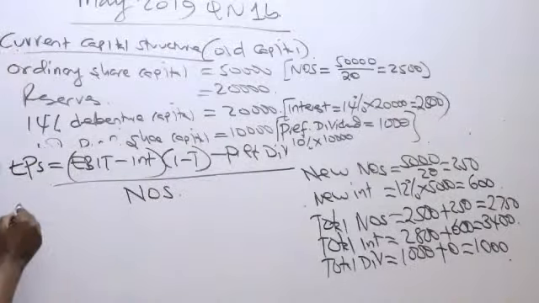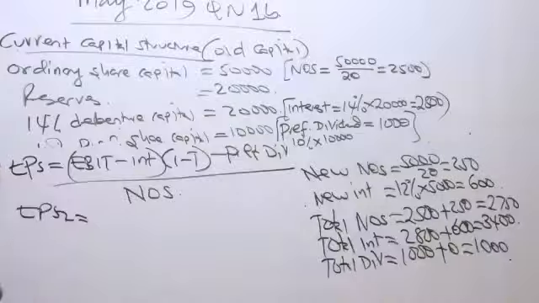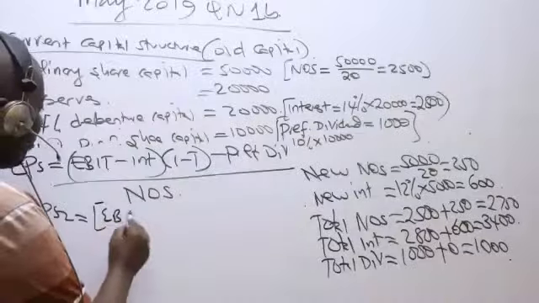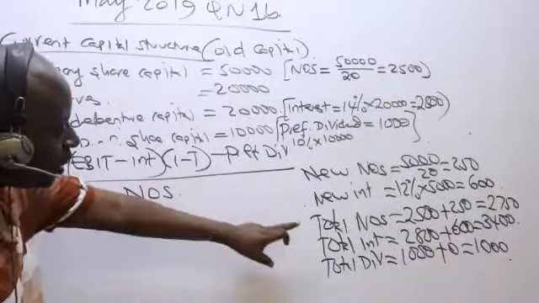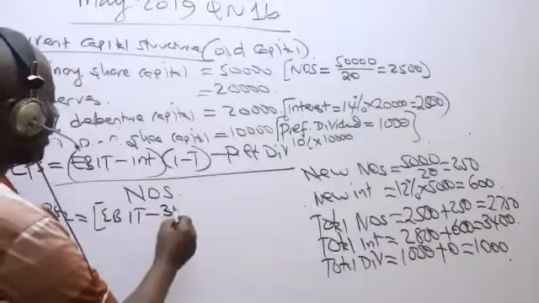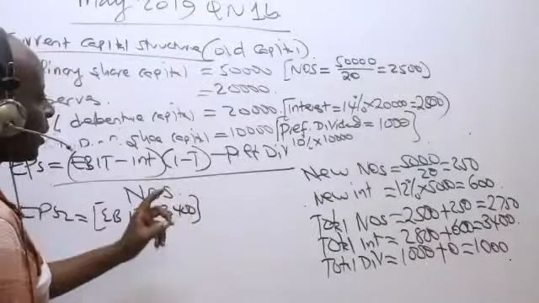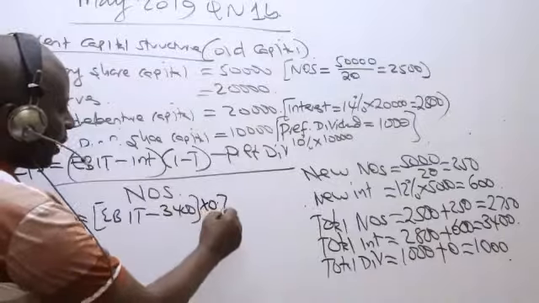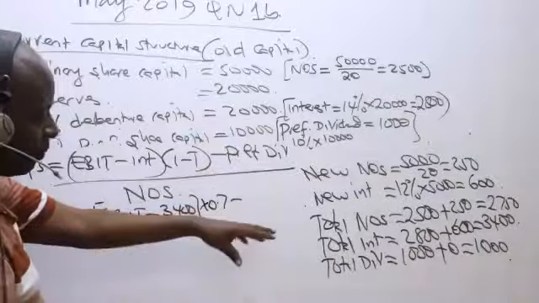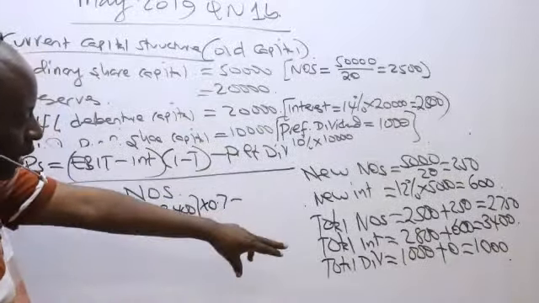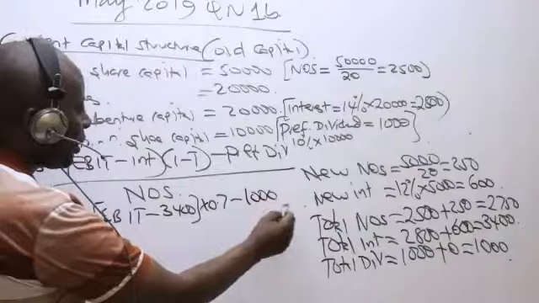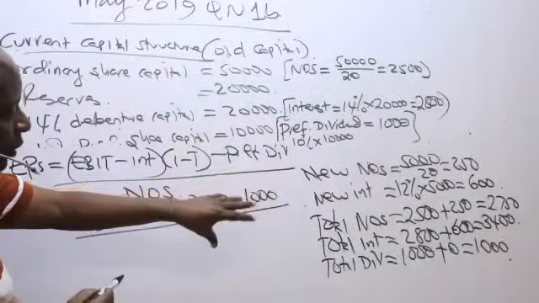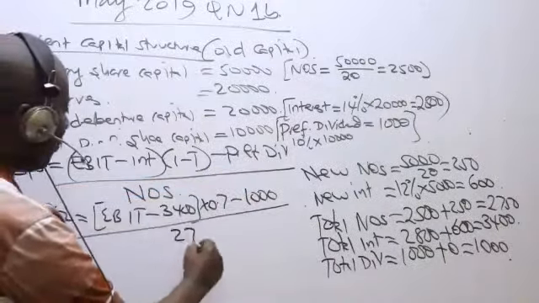So EPS2 will be equal to EBIT minus the total interest, which is 3,400, times 0.7, since tax is 30%, minus preference dividend of 1,000, all over the total number of ordinary shares, 2,750.